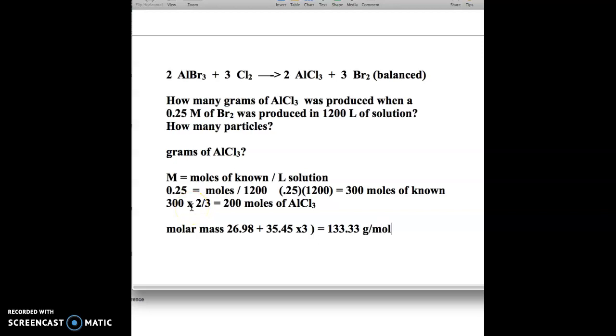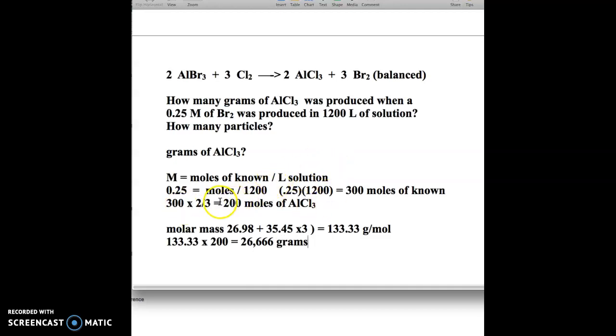But you don't have just 1 mole. You have 200 moles, because you're talking about the unknown times 200. So 133.33 times 200 equals 26,666. I don't like that number, but we'll just go with it. That many grams.